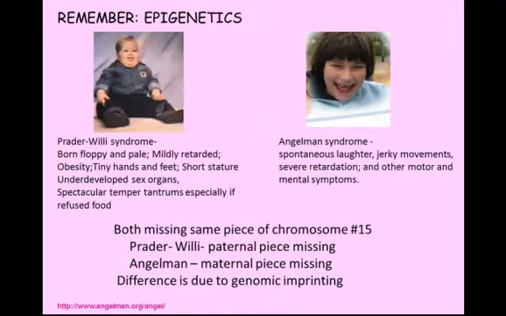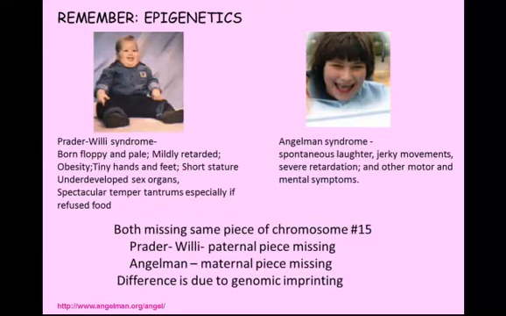And remember, we talked in our genetics chapter about the idea of epigenetics. We talked about Prader-Willi syndrome and Angelman syndrome, that kids who have these very different genetic problems both are missing the same piece of chromosome number 15. In Prader-Willi, the piece that's missing came from dad. And in Angelman syndrome, the maternal piece of chromosome 15 is missing, the one on the mom chromosome.